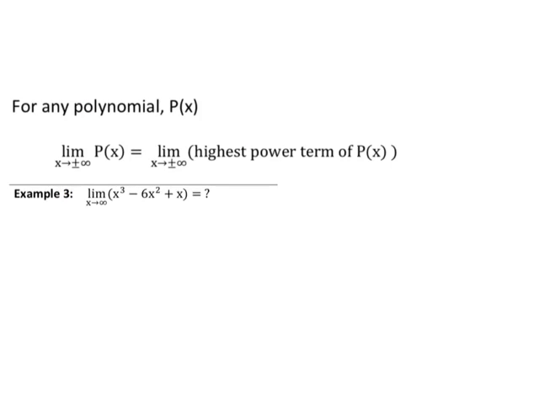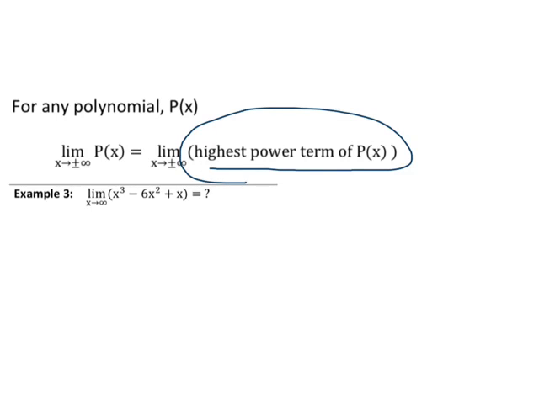So here's the theorem for any polynomial p of x. The limit as x goes to plus or minus infinity of p of x is simply the limit of the highest power term of that polynomial function. So in this example below, labeled example 3, the limit as x goes to infinity of x cubed minus 6x squared plus x, going back to this theorem, we're looking for the highest power.